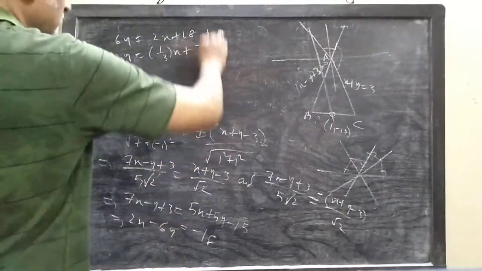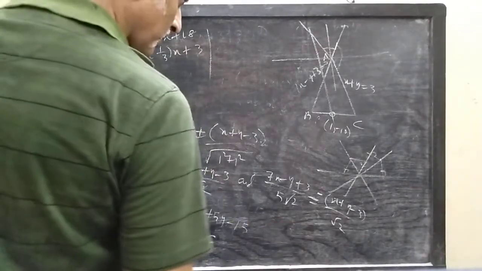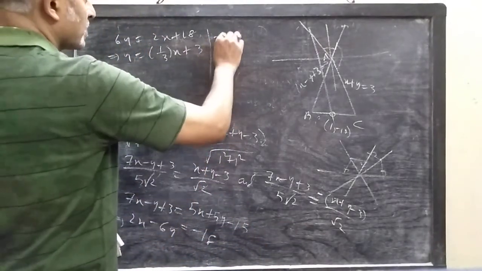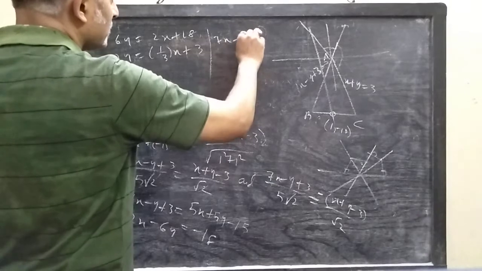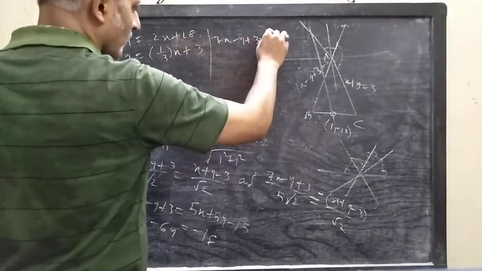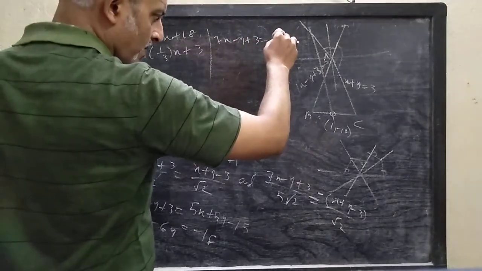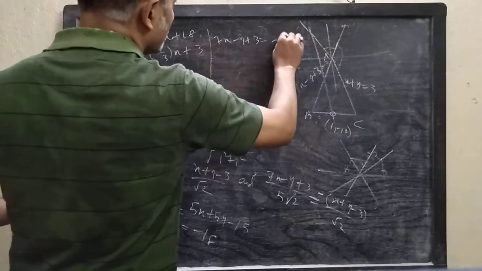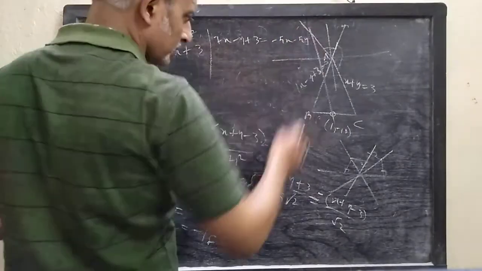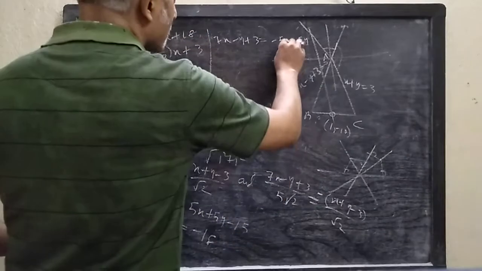This is one equation. The other equation will be 7x minus y plus 3 equals minus 5x minus 5y plus 15.